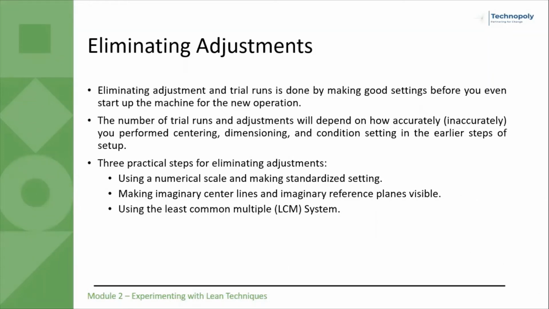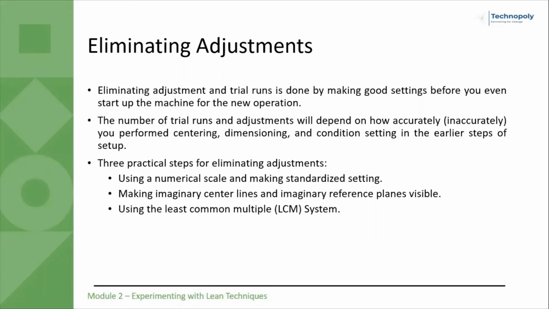Eliminating adjustment and trial runs is done by making good settings before you even start up the machine for the new operation. The number of trial runs and adjustments will depend on how accurately or inaccurately you perform centering, dimensioning, and conditioning settings in the earlier steps of the setup.